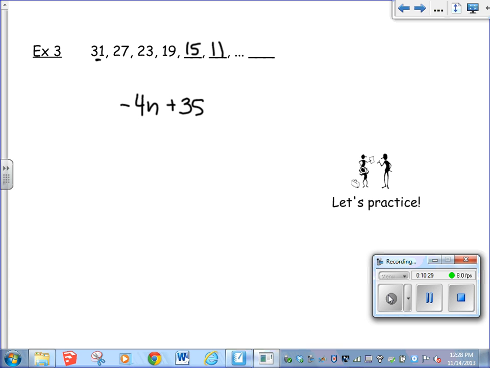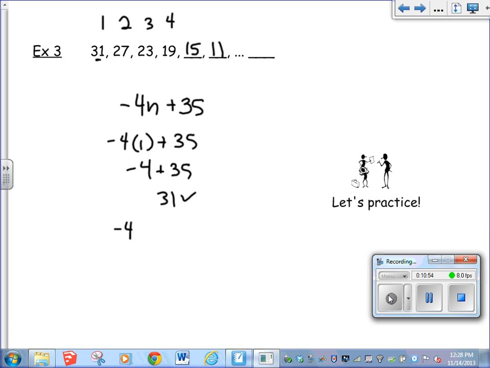So let's test it. When we put in a couple of these numbers, what happens? When we put in 1, does it work out right? Negative 4 times 1 plus 35. Negative 4 plus 35. 31 works. But you should always test more than one of them, so which other term do you want me to test? 4.